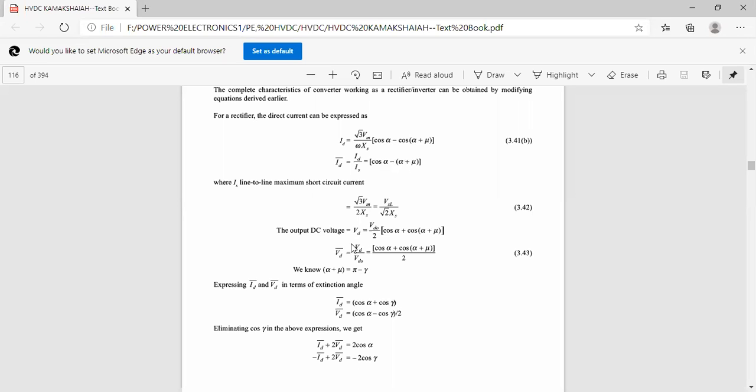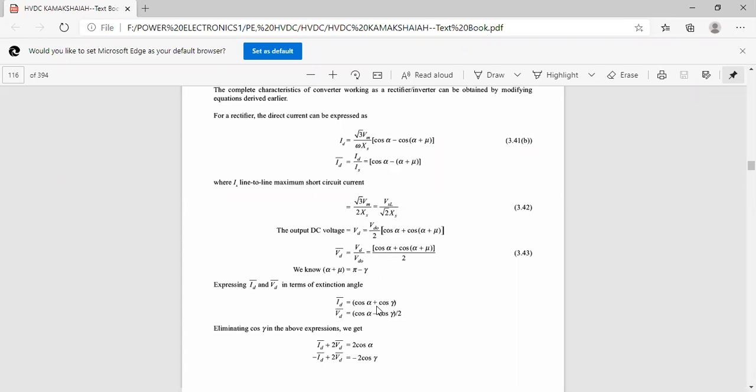In place of alpha plus mu, substitute pi minus gamma. What is the value of cos of pi minus gamma? It is minus cos gamma. Then it will become minus of minus, plus.